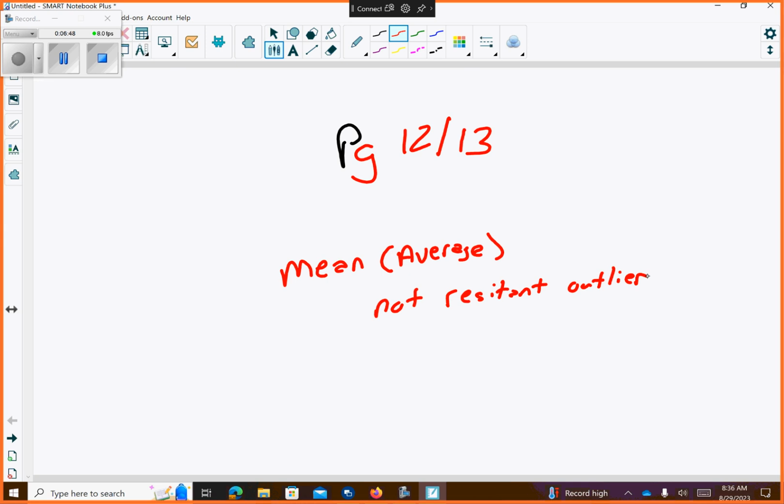All right. The other measure of center is something called the median. And the median, look what happened. The median is the middle.